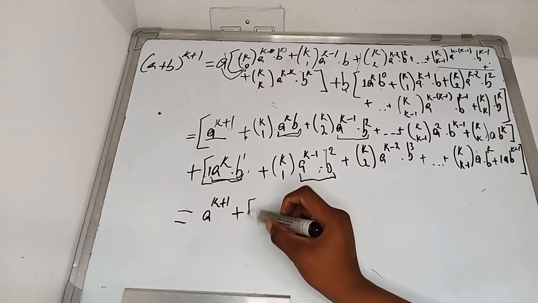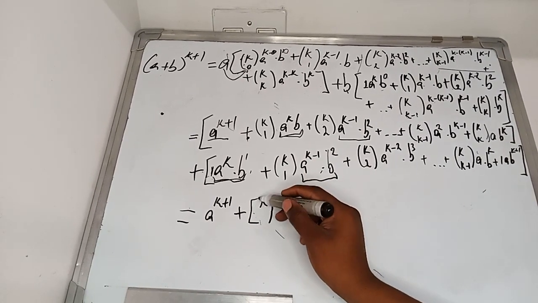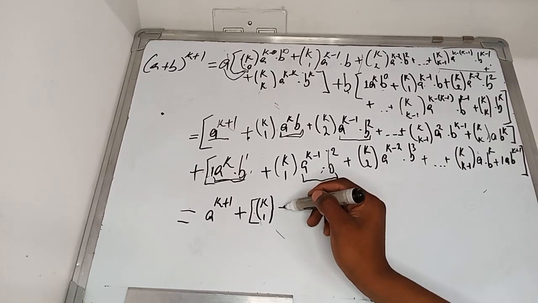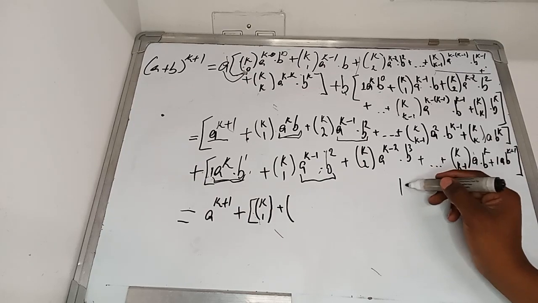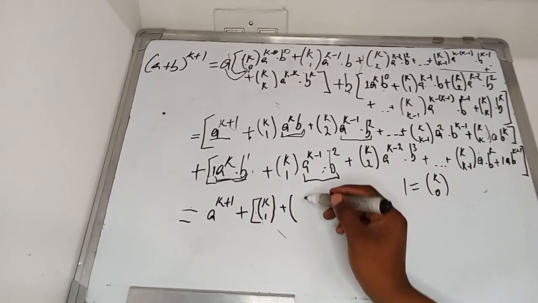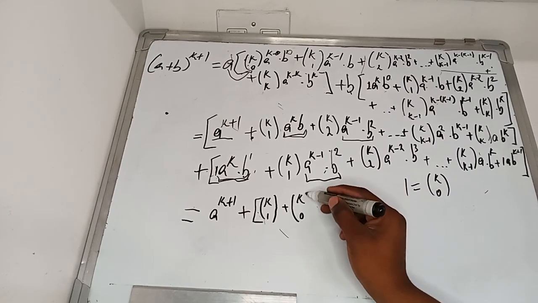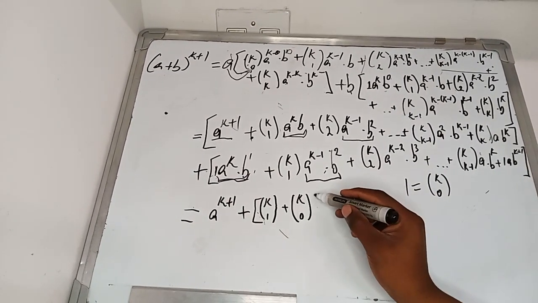So I will add the coefficients, k choose 1 plus 1, but we know that 1 is the same as k choose 0.